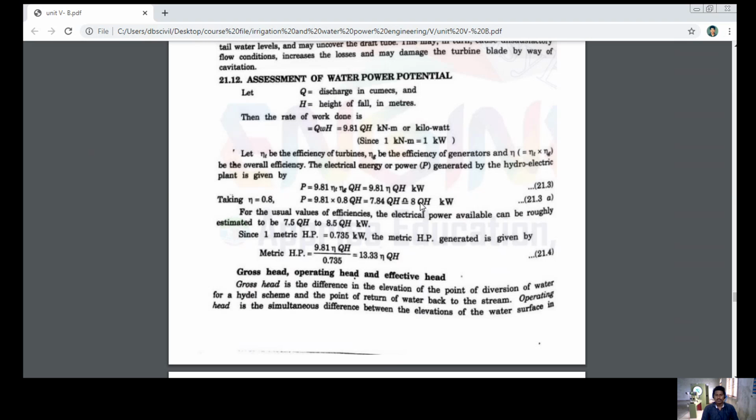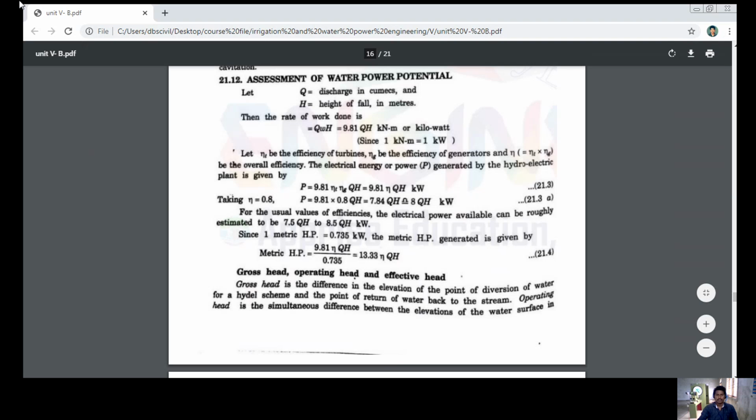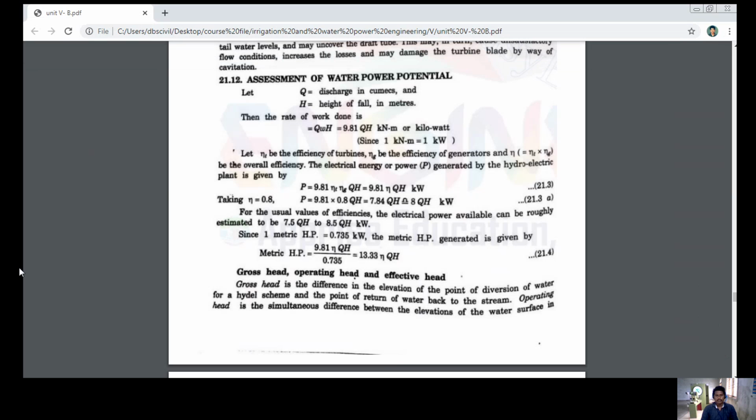For usual values of efficiencies, the electric power available can be roughly estimated as 7.5 QH to 8.5 QH kilowatts. Next, 1 metric HP is 0.735 kilowatt.